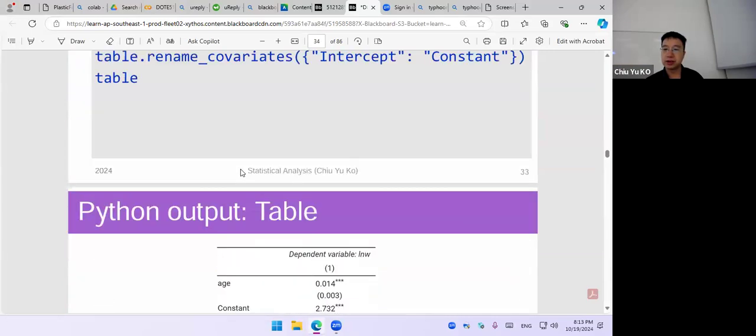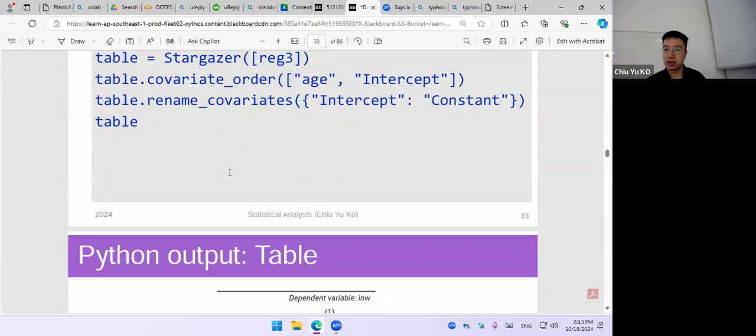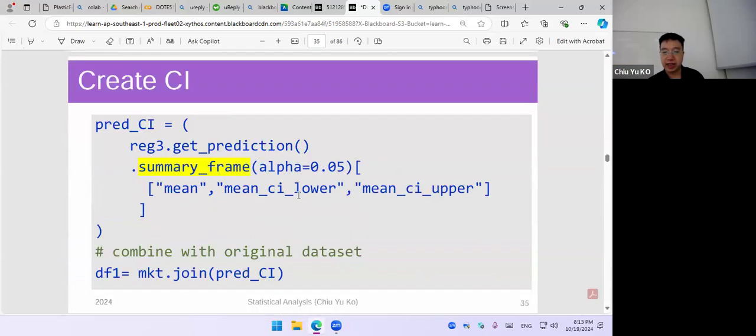You can do stargazer, which I'm not going to do. But I guess the main thing is we want to actually plot the data. To plot the data, we'll use something slightly more complicated, what we call summary_frame.